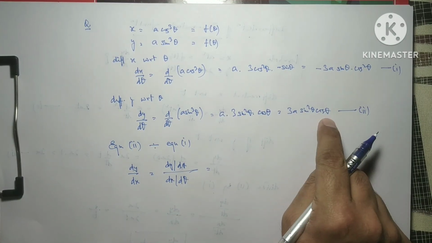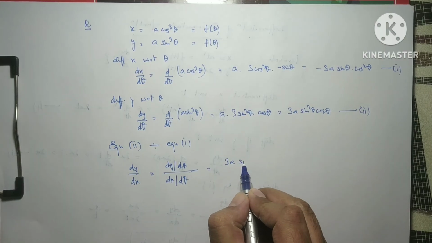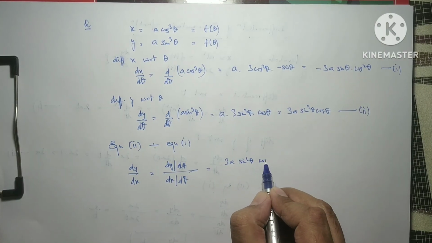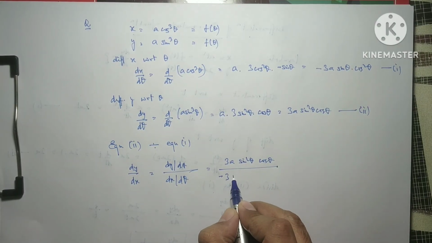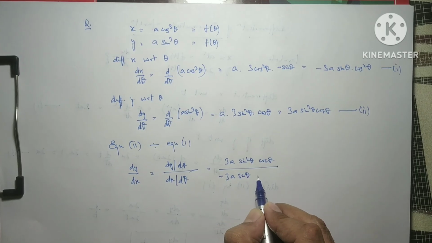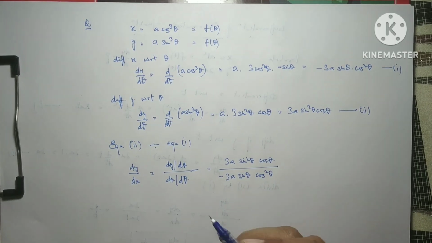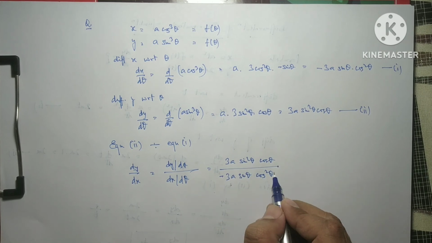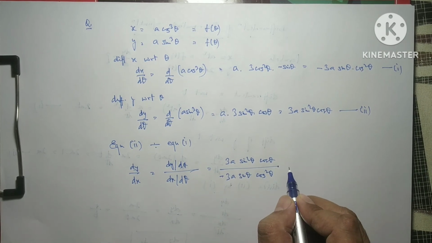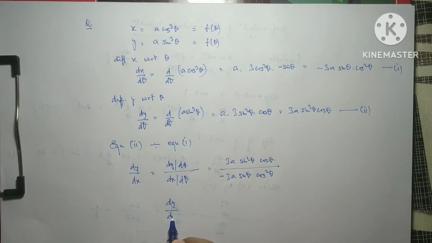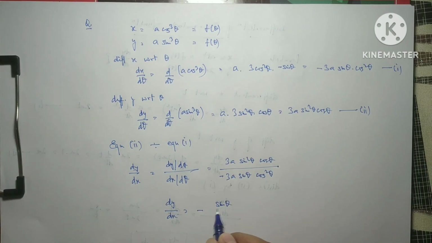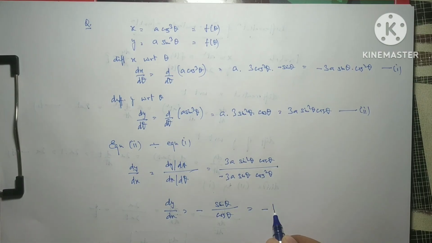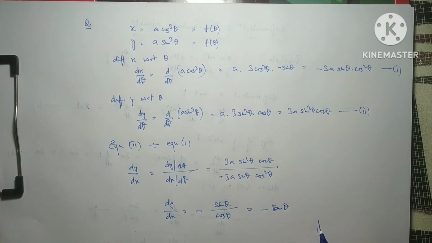So 3a sin square theta cos theta divided by minus 3a sin theta cos square theta. Cancel out 3a with 3a, sin theta with sin square theta, and cos theta with cos square theta. Finally you get dy over dx is minus sin theta over cos theta. So the result will be minus tan theta. So this is your answer.